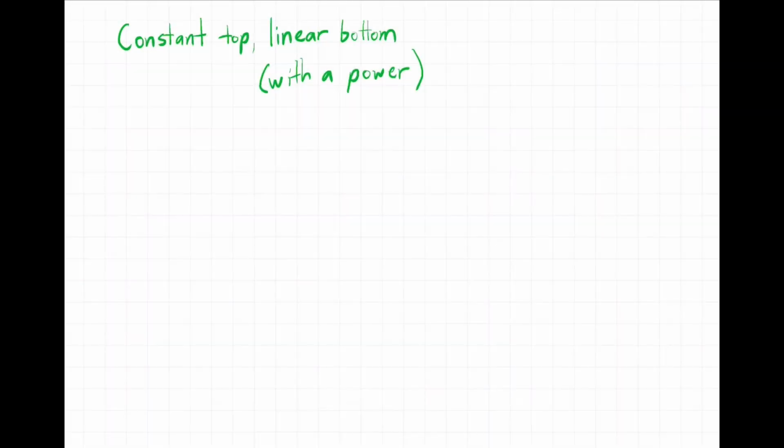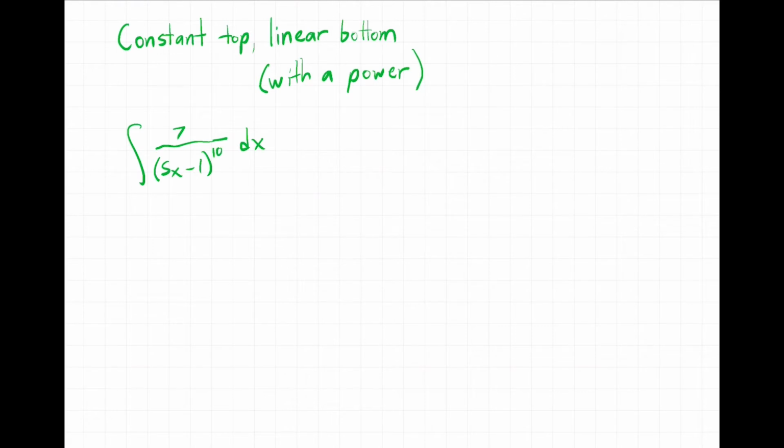Now what happens if we look at a very similar rational function, a function that has a constant on the top and a linear function on the bottom, but that linear function is taken to a power on the bottom. Let's take a very similar one. Let's find the integral of 7 over 5x minus 1 to the 10th power times dx.